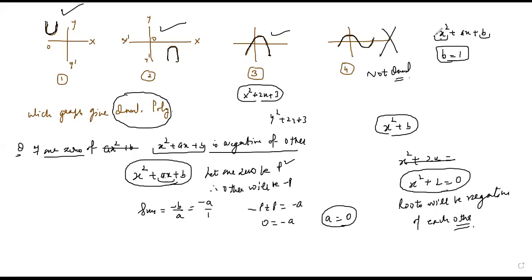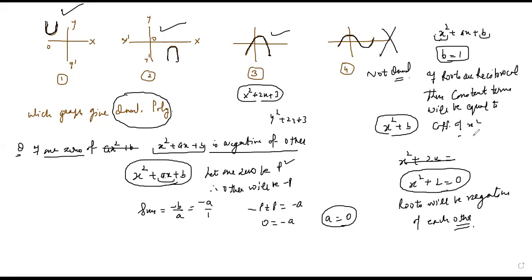Clear? The constant term will be equal to the coefficient of x square if the roots are reciprocal of each other. Clear?